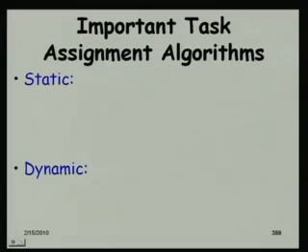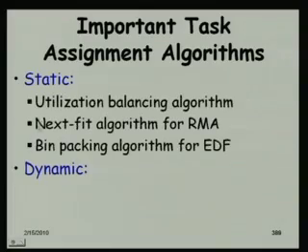Let us see the details. We will discuss 3 algorithms for the static task assignment solution: the utilization balancing algorithm, the next fit algorithm for RMA and the bin packing algorithm for EDF.